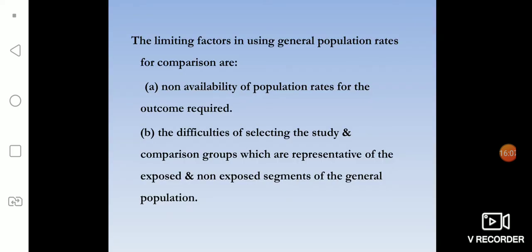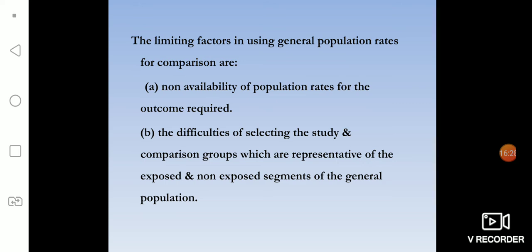The limiting factor in using general population rates, that is the disadvantages, will be non-availability of the population rates for the outcome required. Second, the difficulties of selecting the study and comparison groups which are representative of the exposed and non-exposed segments of the general population.